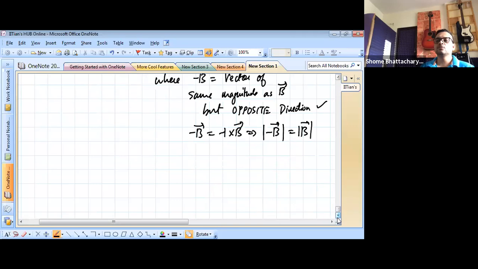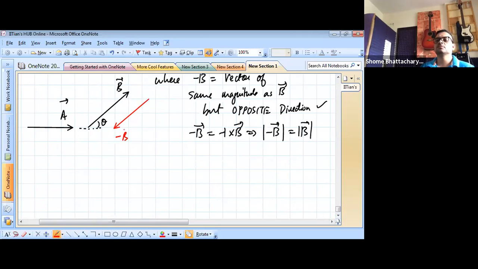So now let's understand what we're doing geometrically. So if this was the vector A and this was the vector B, such that this angle here was theta. Now what will be the vector minus B? Minus B will become this vector. It will be a vector that is exactly opposite to B. So anti-parallel, but of same length, so same magnitude.